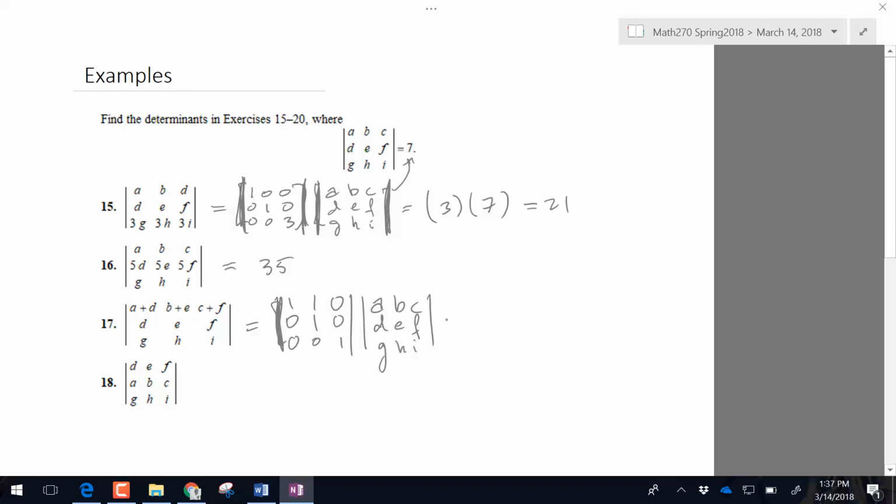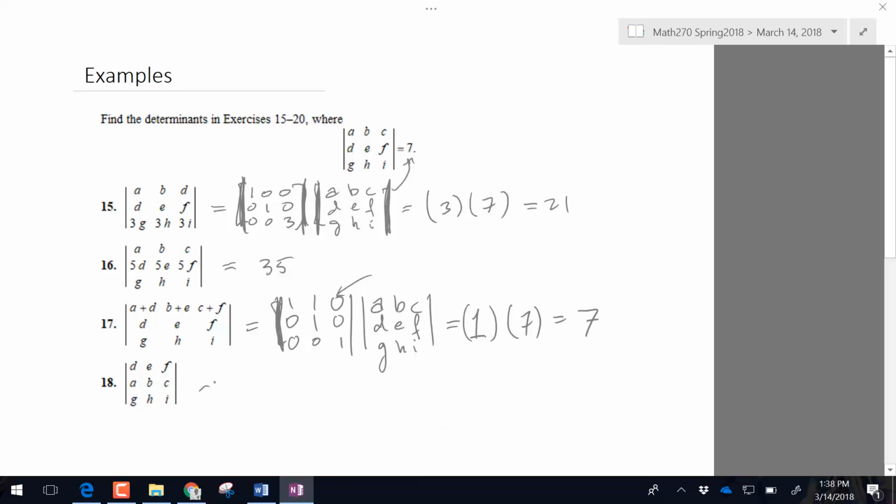So what happens with that? What's the determinant of this matrix? It's just 1. So that operation where you take a row, multiply it by something, and then add it to another row is just going to give you a determinant of 1. So the determinant of your new matrix is still going to be the same.